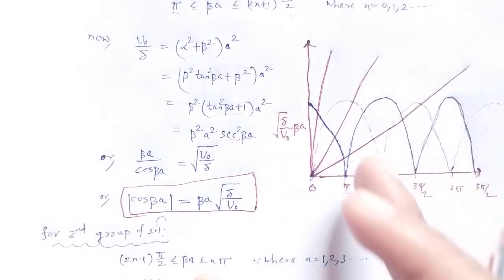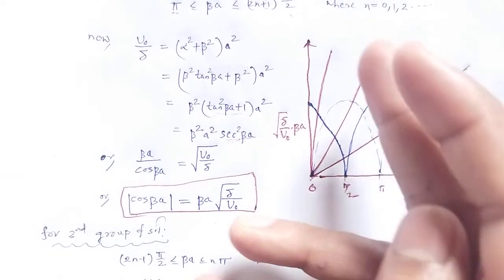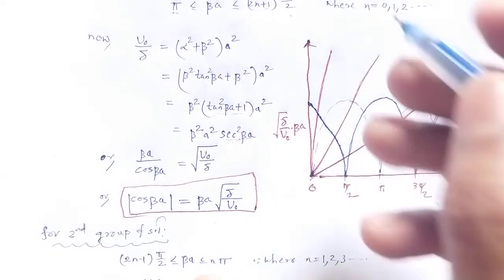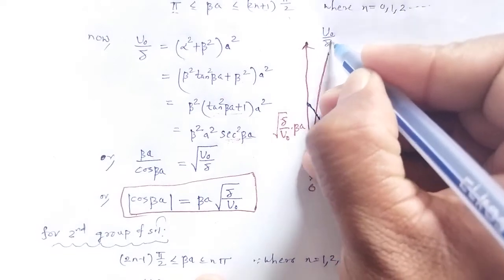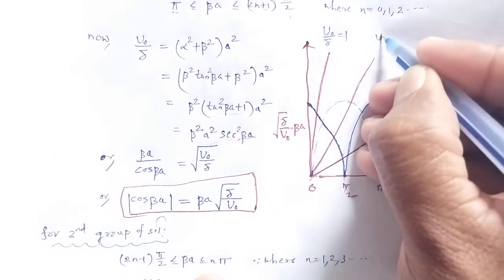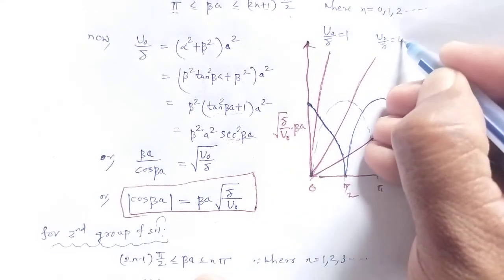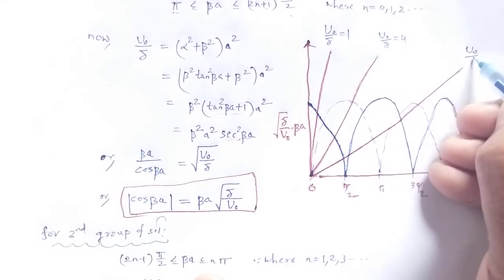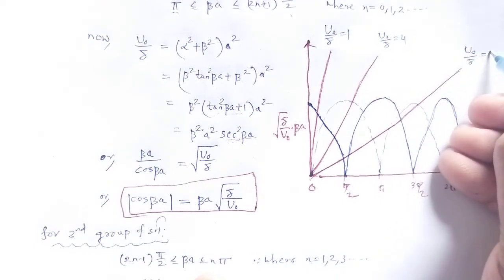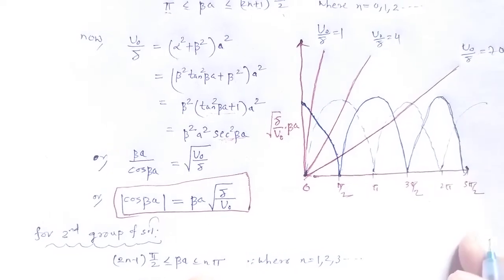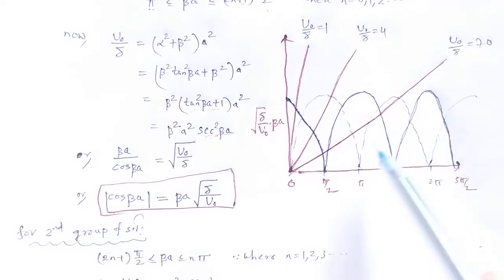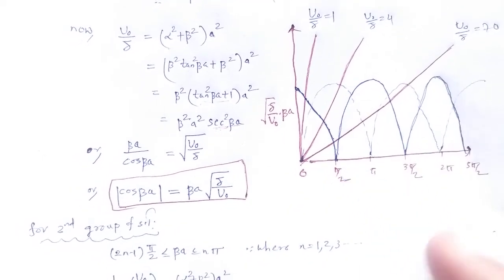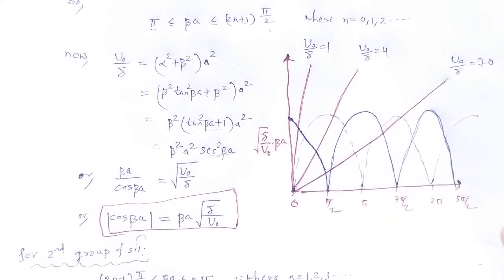Between the intersections of cos beta a and sin beta a, these lines have u naught by delta as 1, here u naught by delta 4, here u naught by delta is equal to 70. These are the graphical representation of these two groups of solution.